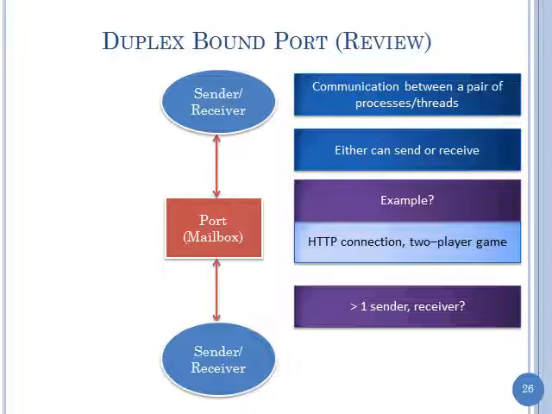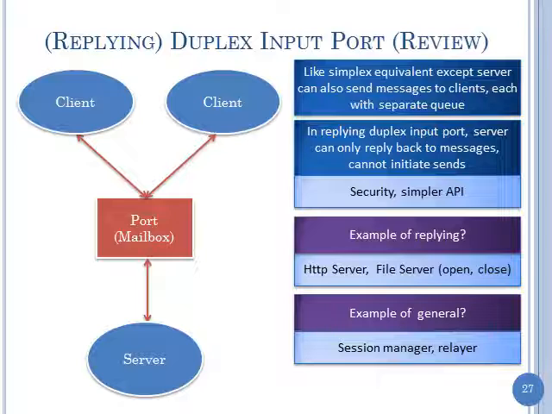And we saw that we could have two parties involved, and if there are two parties involved, we could have a simplex or a duplex variation. And here's a duplex variation. Sometimes that's interesting. And we saw all the scenarios. Then we said, when there are multiple parties involved, we might have not a bound port, but an input port, where there are multiple producers and a single consumer.